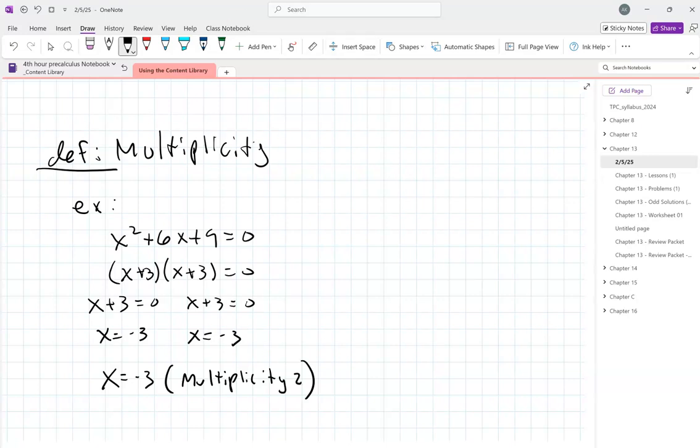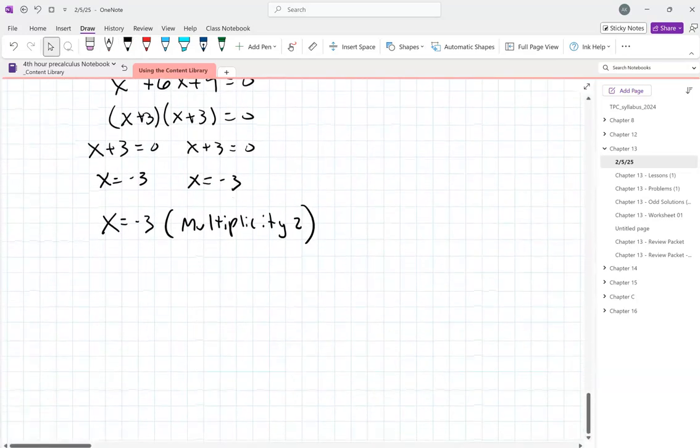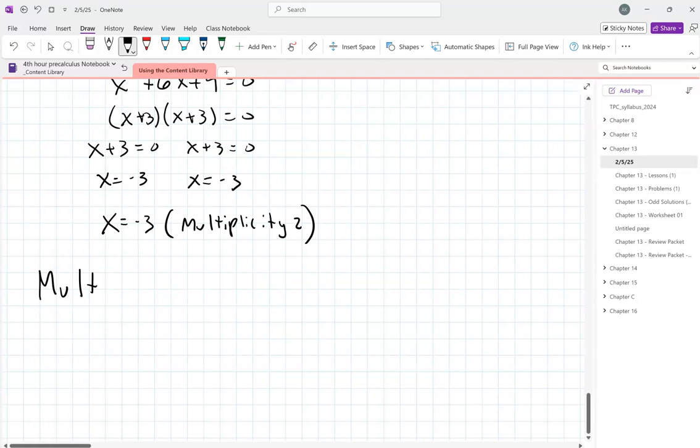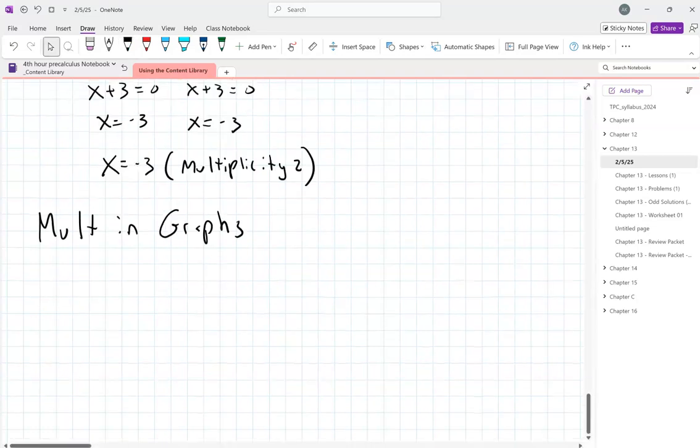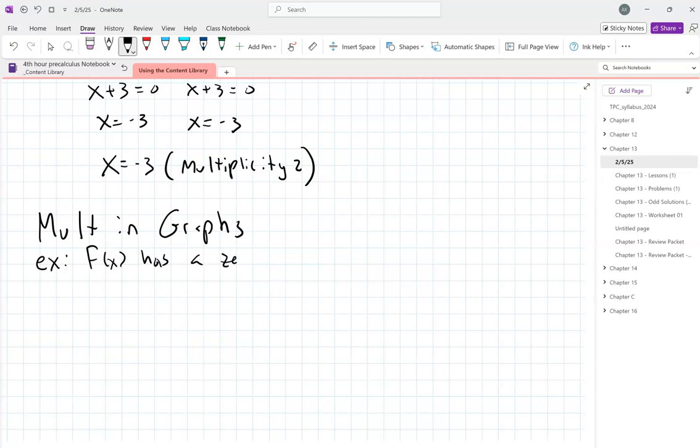Now, multiplicity is actually quite helpful because it has a graphical analog to it. So let's say that we have f of x has a 0 at x equals a.